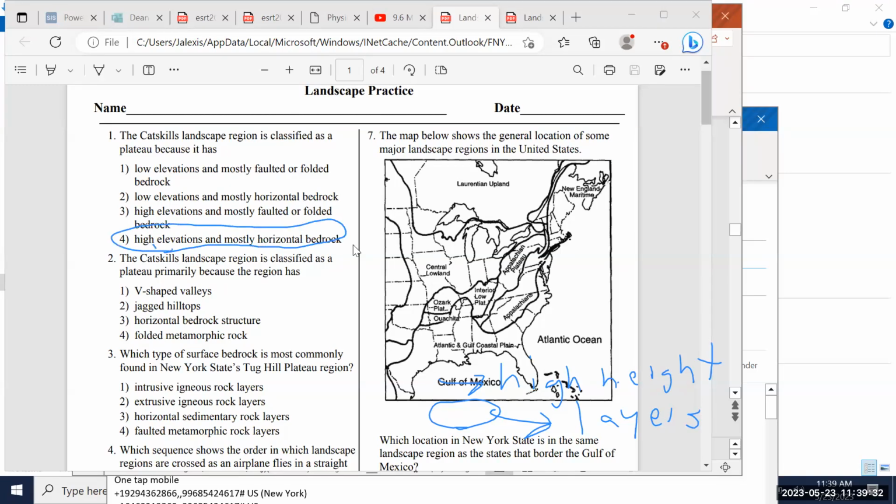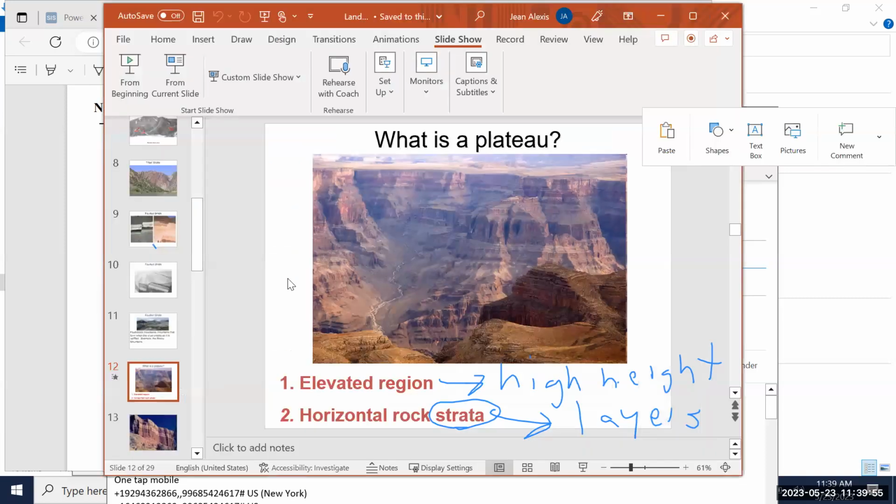Let's take a look at number 2. Number 2 lets us know the Catskills landscape region is classified as a plateau primarily because the region has blank. So remember, we just looked at our notes and we saw that a plateau has high height and has horizontal rock layers, right?